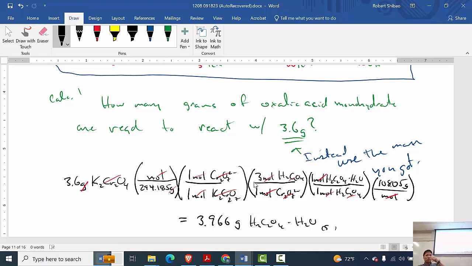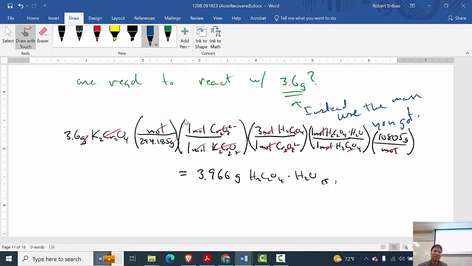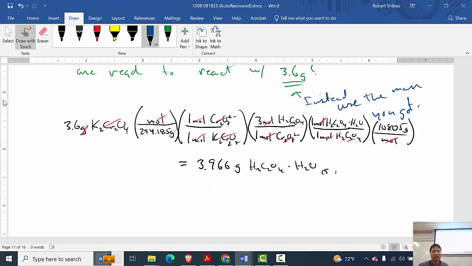How many grams did you use approximately? Or how many grams did it say to use? Yeah, the procedure said to use 10.